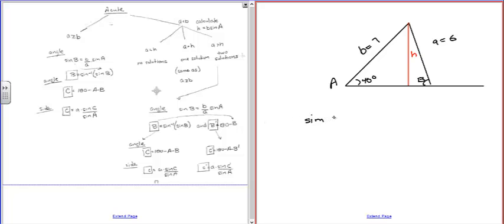So the sine of B is going to be B over A times the sine of A. So B is 7, A is 6, the sine of 40 degrees. So we get the sine of B is this. Okay, sine of 40 times 7 divided by 6 is 0.74, well, close enough to 0.75.